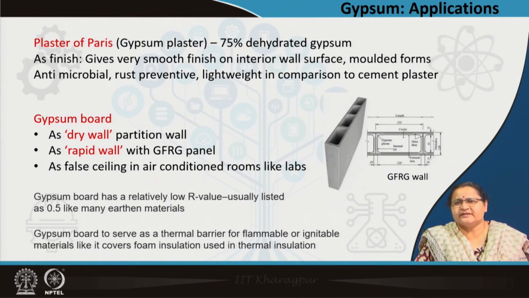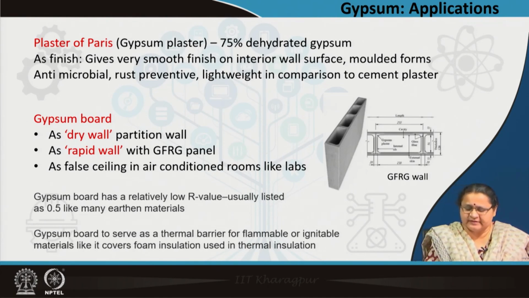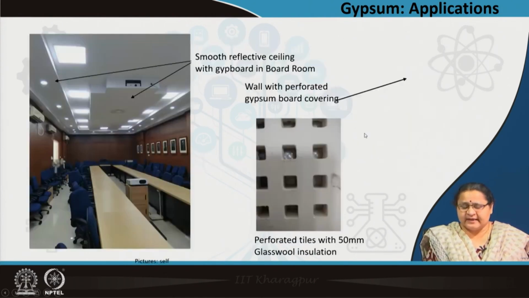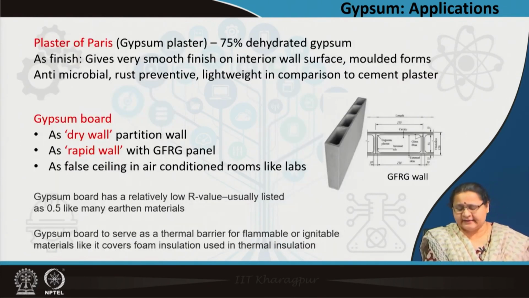So, as a composite with air entrapped within it, it acts as a better insulator. So, here also you see in this GFRG, these are air pockets inside the material. So, these are all hollow and this can act as an insulator, though not so high R value, maybe a low R value of around 0.5.